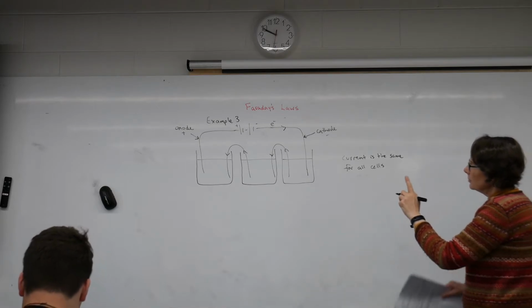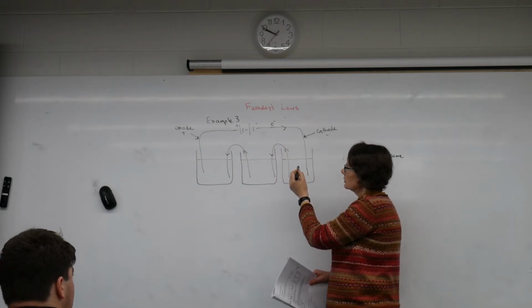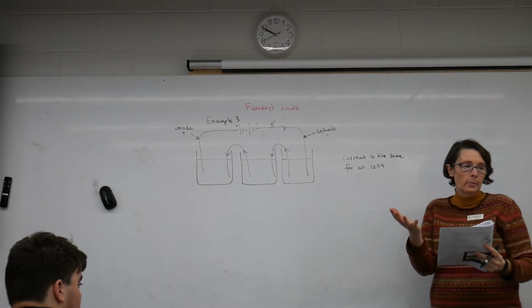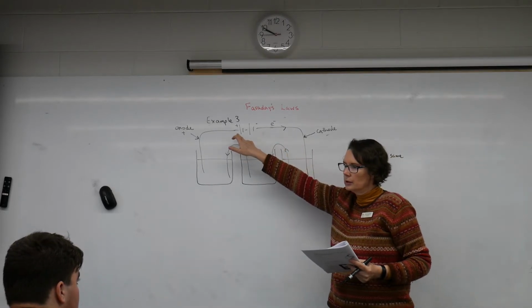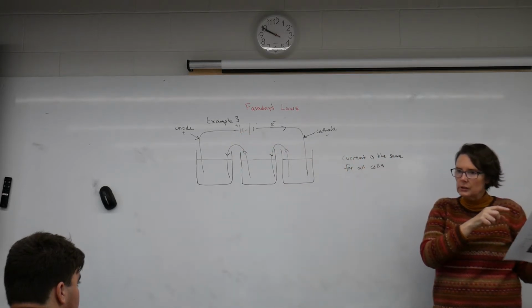Now, that rate is the same because if we think about what is involved in the movement of electrons, they're being repelled from like charge, the negative terminal, and they're attracted towards the positive terminal. But they're all moving at the same rate through the system.